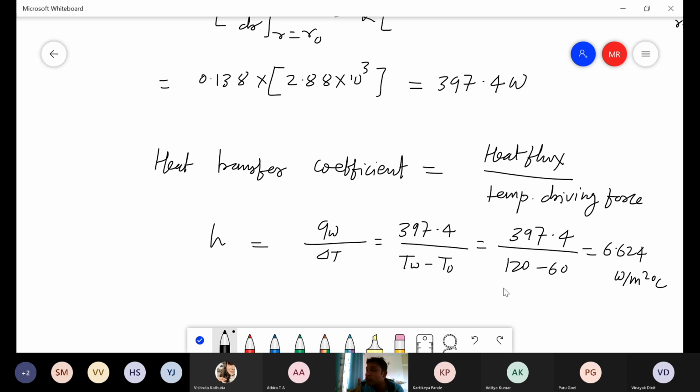So in case of turbulent flow, this delta T has to be TW minus T bulk. But in case of laminar flow, it has to be TW minus T naught, because this laminar region is starting from R equals 0 to R equals RW.